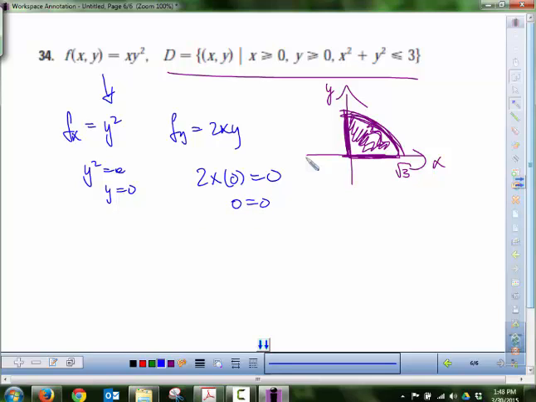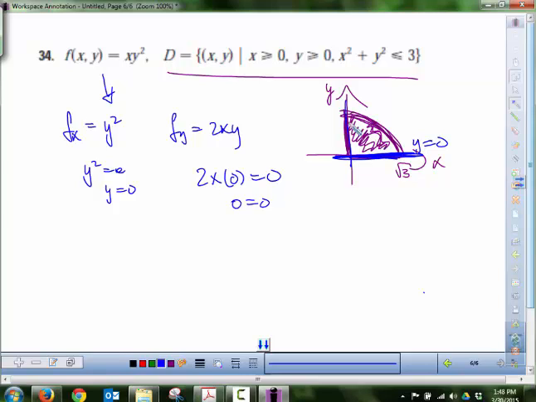So y is equal to 0, but that's just the boundary. Oops, that's this boundary, y is equal to 0. We'll have to check that anyways. And so there's no significant critical points within this region that we're looking at. So there's really not much more to check.